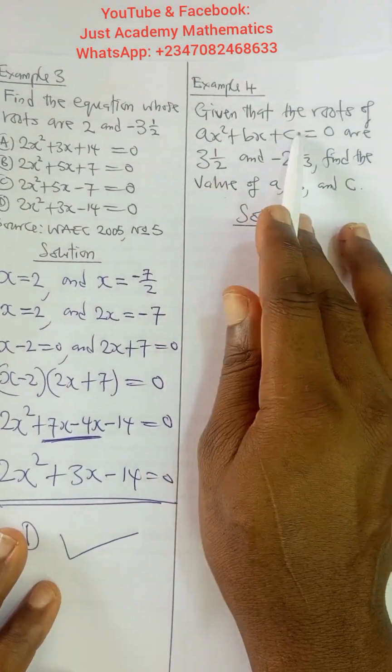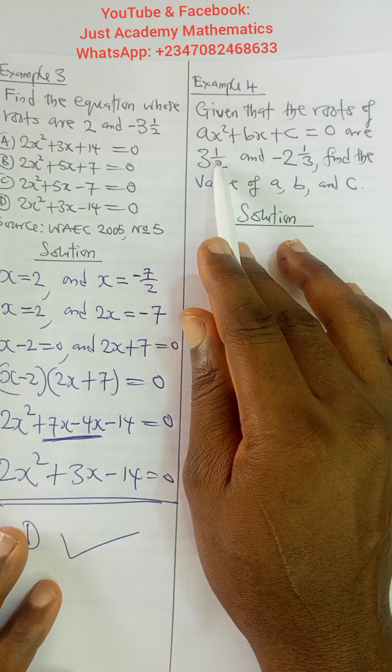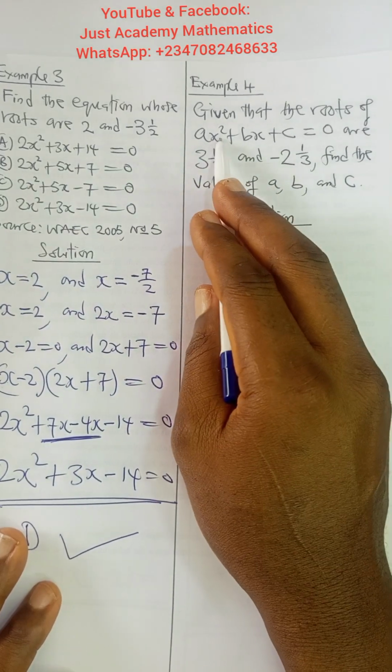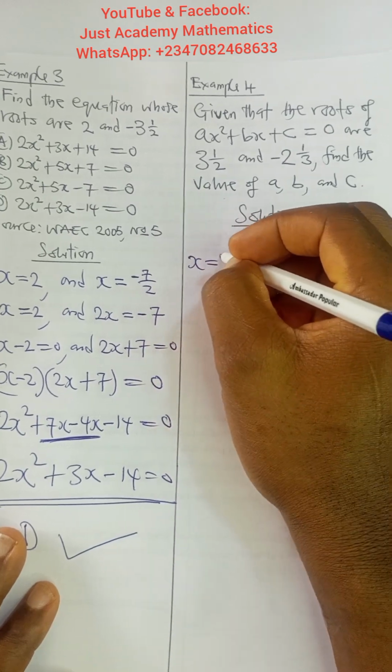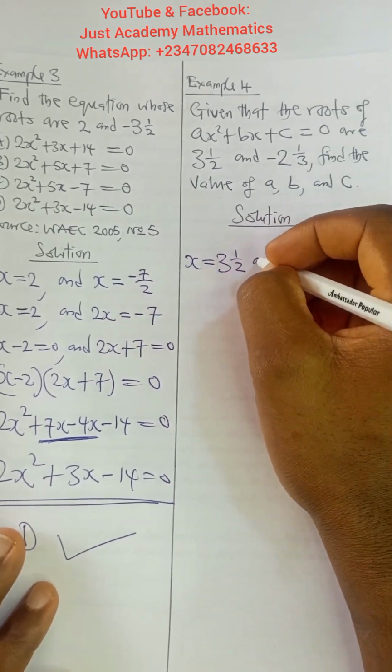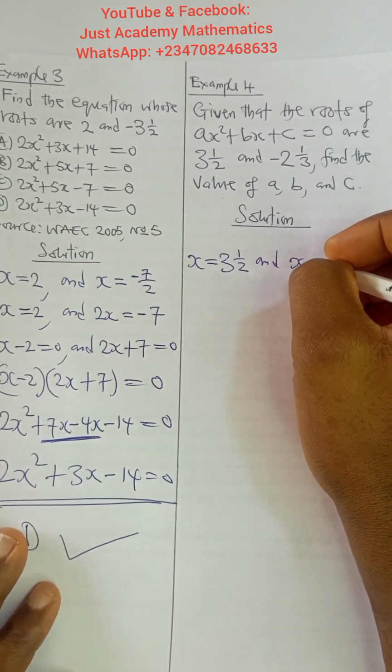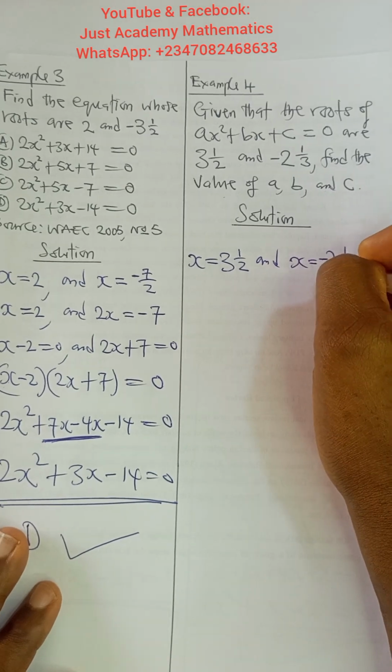The roots of this equation are this and this. What they are saying, and the equation is with respect to x, obviously, is that x is equal to 3 whole number 1 over 2, and x is equal to minus 2 whole number 1 over 3.